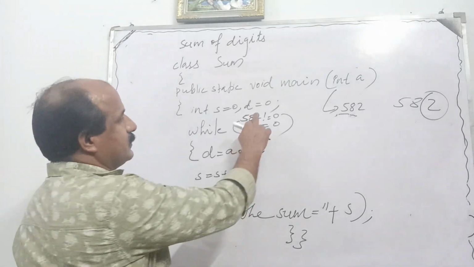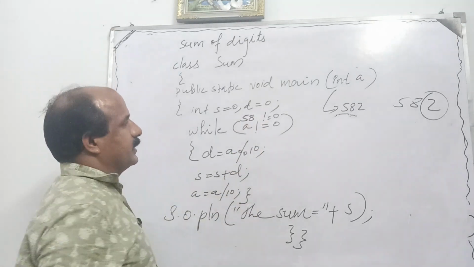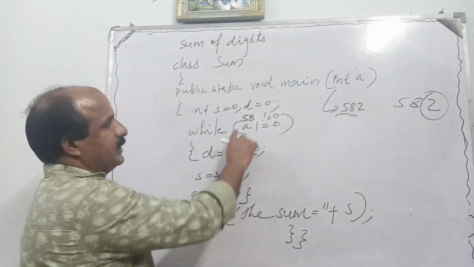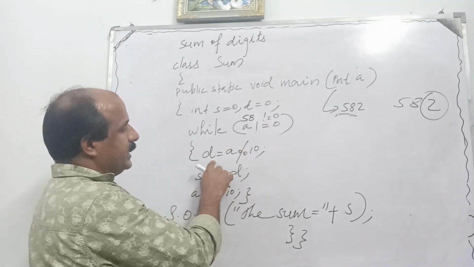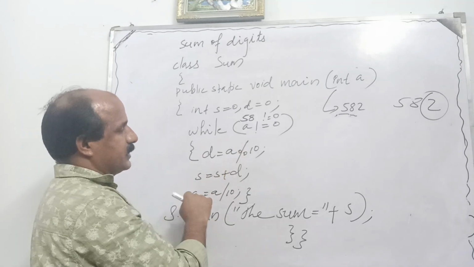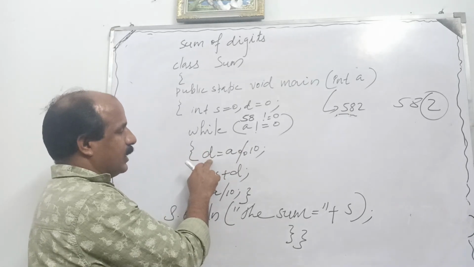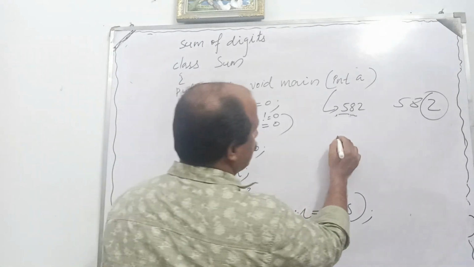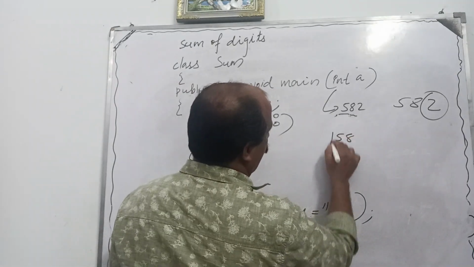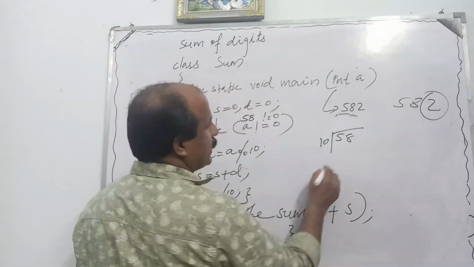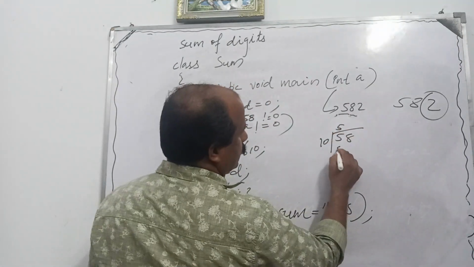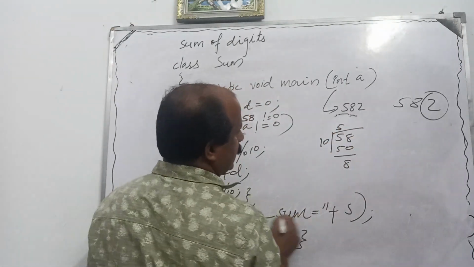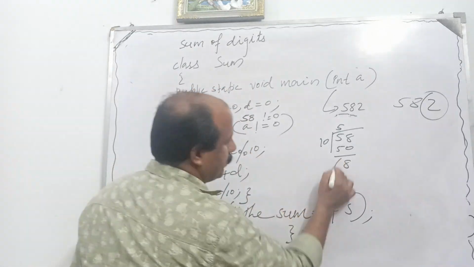Now checking: 58 not equal to 0. The condition is true. Now D is equal to A modulus 10. A is 58, modulus 10: 5 times 10 is 50, then 8.